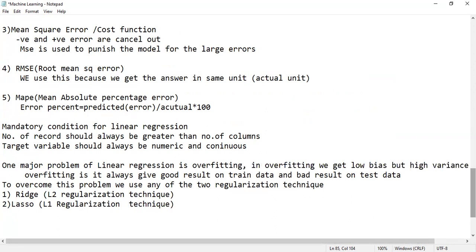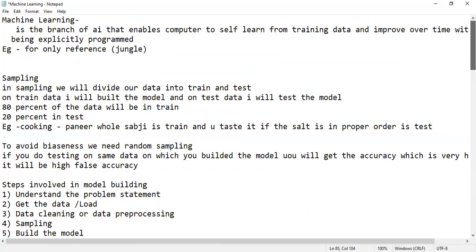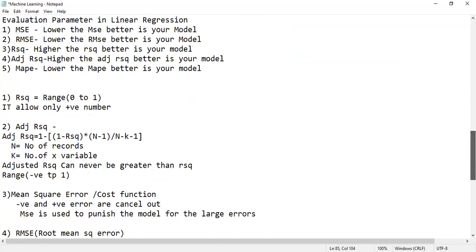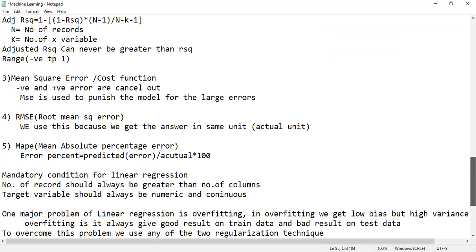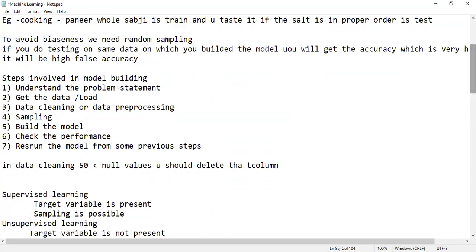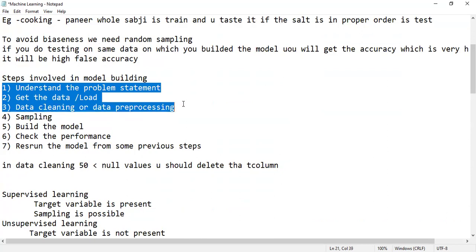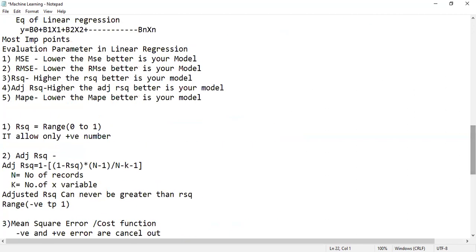In this video we have covered most of the points of linear regression. In the next video, we will cover the practical part of linear regression: how to perform it, what the steps are. We have seen these three steps, and I will discuss the remaining four steps in the next video, and we will see how the problem of overfitting occurs in linear regression and how to resolve it with Ridge and Lasso.